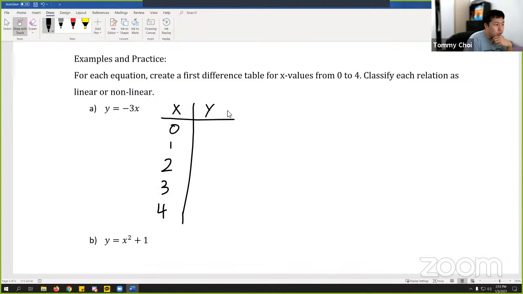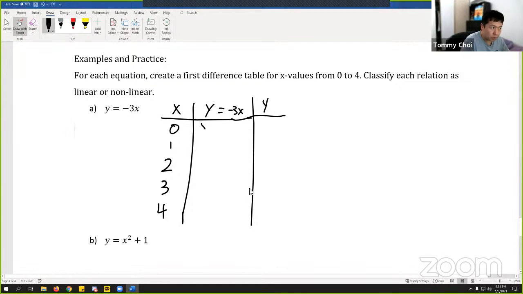And in the y section, if you want, you can write it like this. I know some people like doing this to show their work. For example, they say, this is -3 times 0. I replace my x with 0, and then I can say my answer is 0, right?